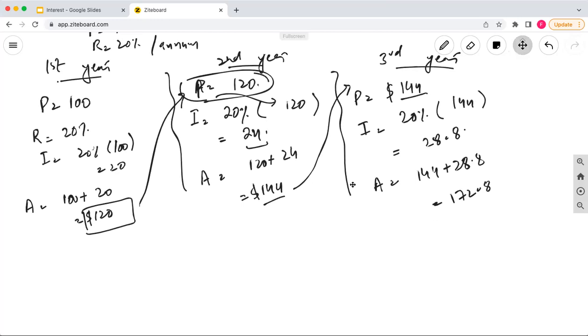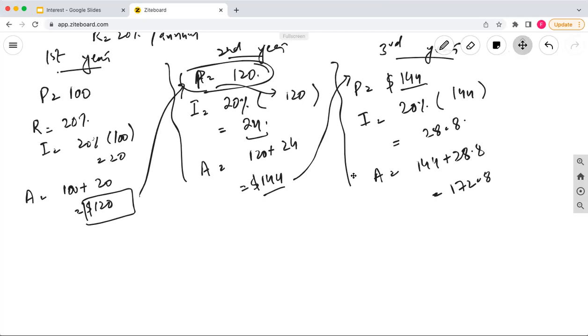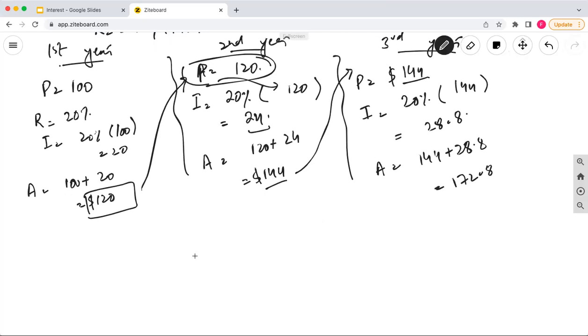Now let's move backward from the third year. At the third year, our final value is 172.8, right? That is 144 plus 20% of 144.